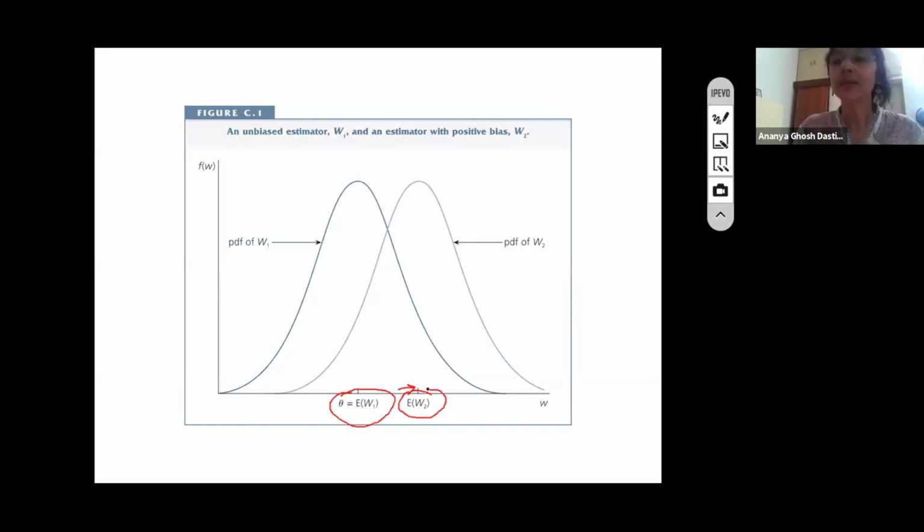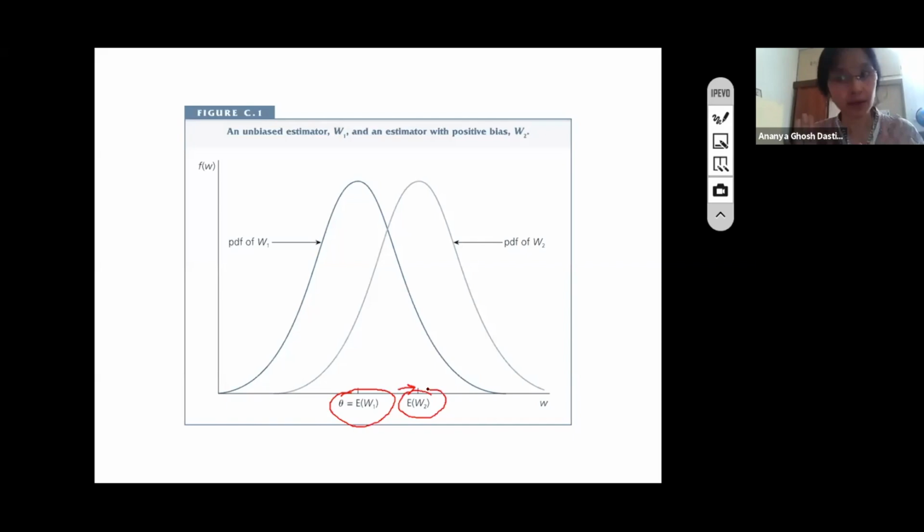Somebody here was asking, can I use the data to estimate COVID rates? Sure. Suppose I am using a sample to estimate the average incidence rate of COVID, and I'm using W2 instead of W1. In this case, my population mean is theta.